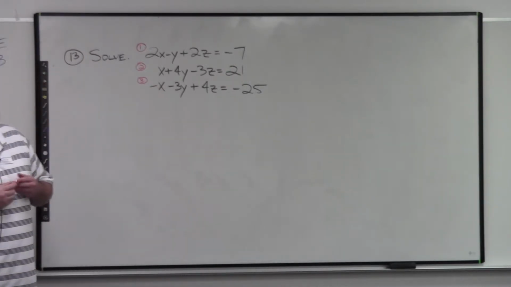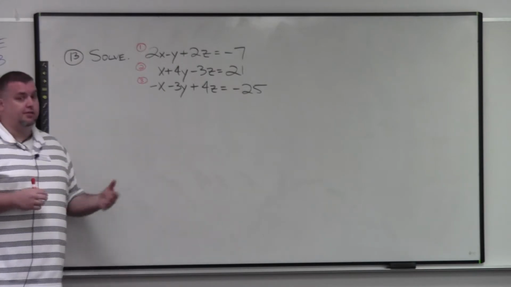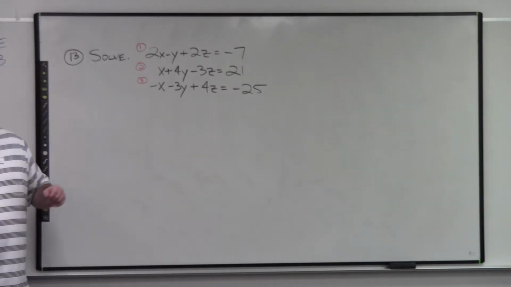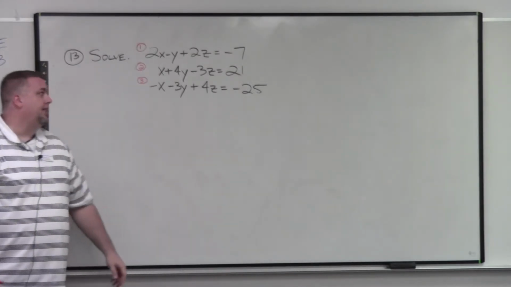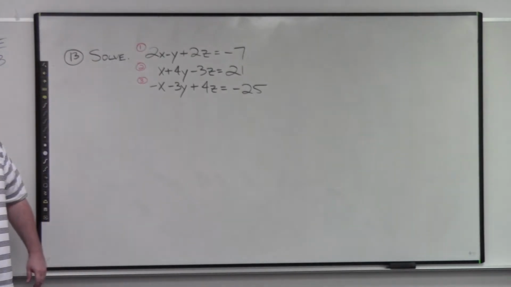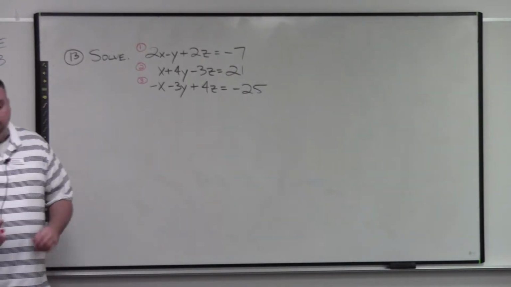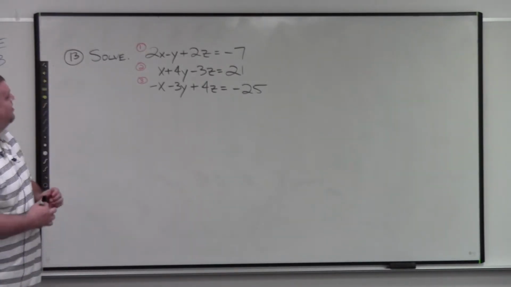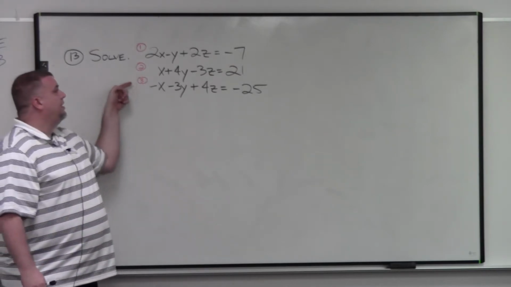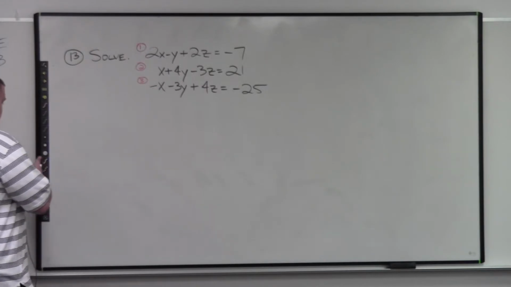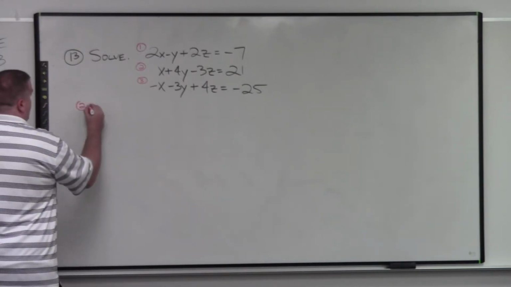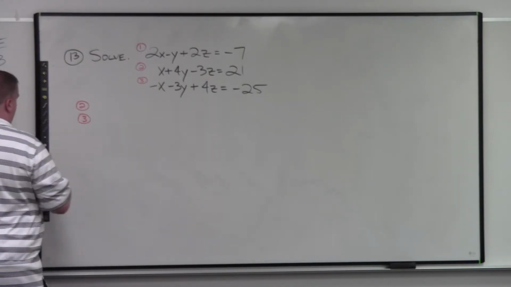What you want to do is start out by picking a pair of equations, eliminating one of the variables, picking another, a separate pair, and eliminating that same letter. So any ideas on where to start, on what letter might be a good choice to eliminate? X. I agree. You've got equations 2 and 3 here that would eliminate right away. So let's do equations 2 and 3.